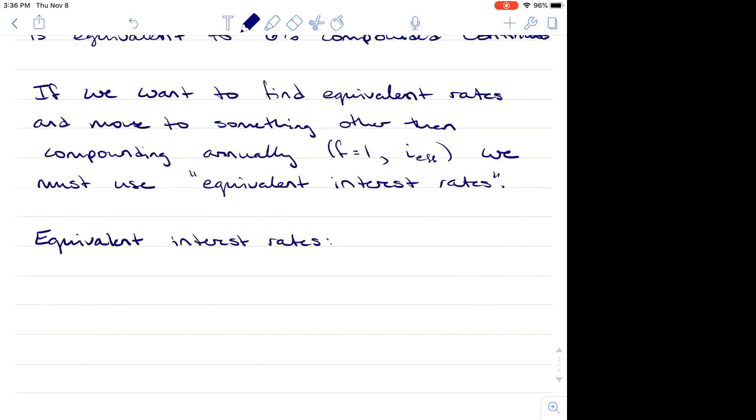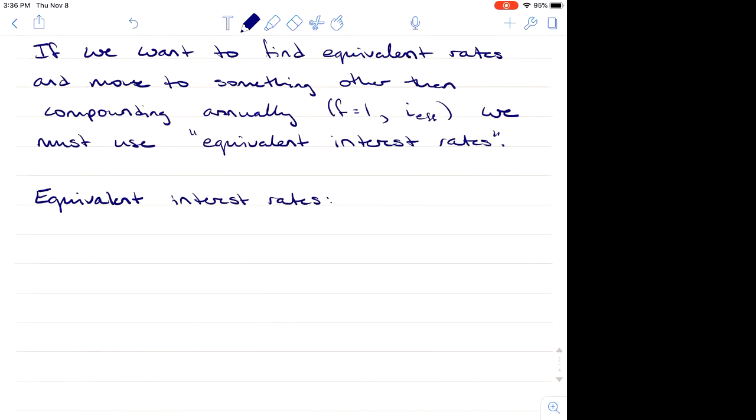If you move them to their effective rates, they are going to be the same, so regardless, they're going to yield the same future value.